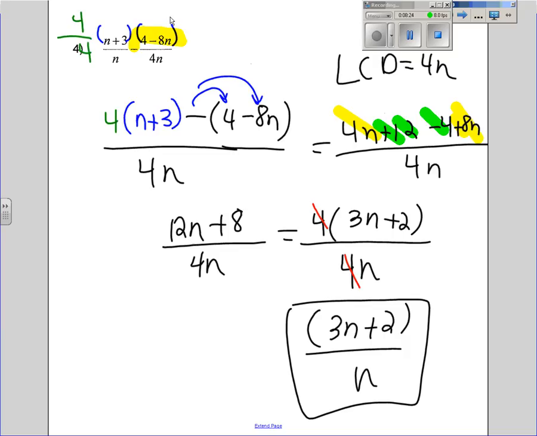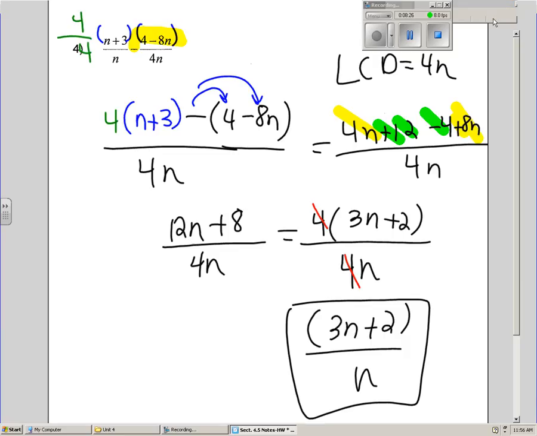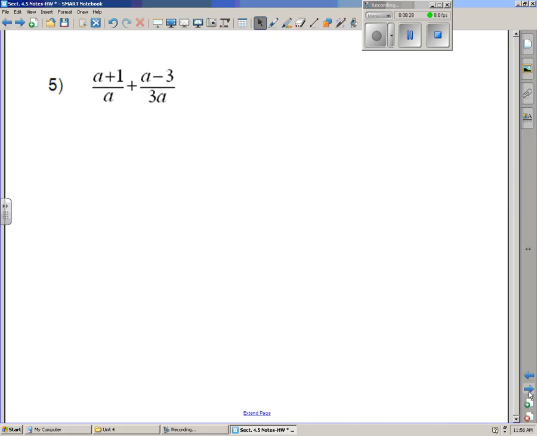Okay, let's go to the next one. In this case, we still have binomials up top, so it's always a good idea to get in the habit of putting parentheses around those. Your common denominator, hopefully you realize, is 3a, which means the only fraction that has to be messed with is the one on the left.